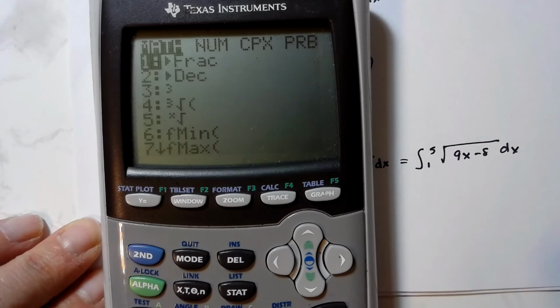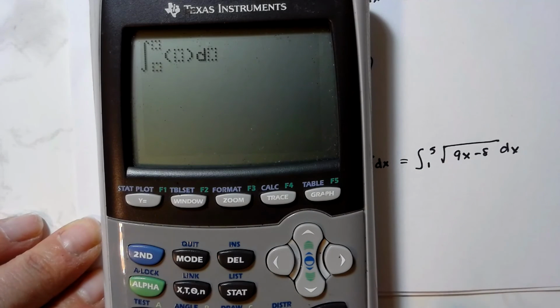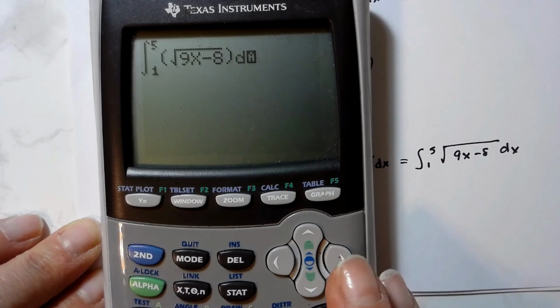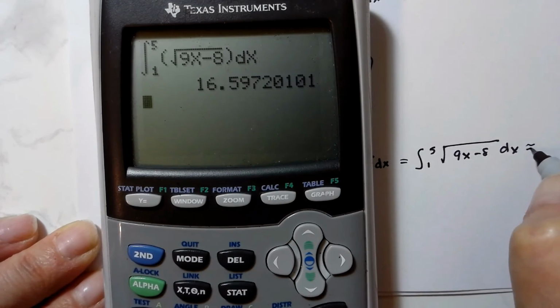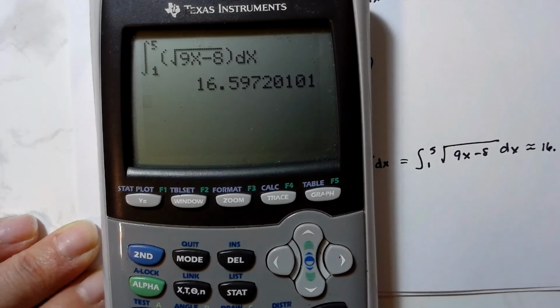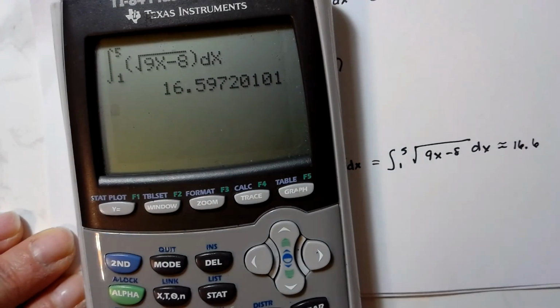You do math 9, which is fnInt, from 1 to 5 of the square root of 9x minus 8, and of course, integrating with respect to x, and hit enter. And the length of the arc should be about 16.6.